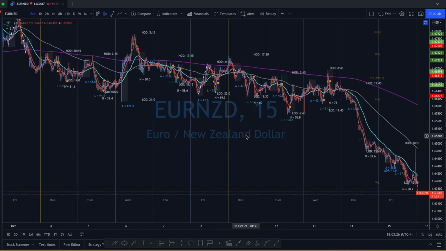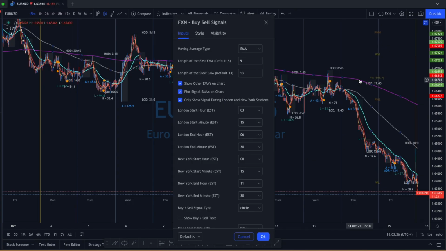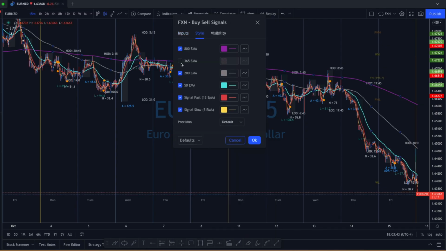Now, one thing that I want you guys to do immediately, if you haven't done so already, is if you just double click on any of the EMA lines, right, it'll bring up the settings. What I need you guys to do is to go into style and uncheck the 365 EMA. We don't use that at all. So please make sure you uncheck it so it doesn't appear, because I don't want you making trading decisions off of a 365 EMA. Okay?